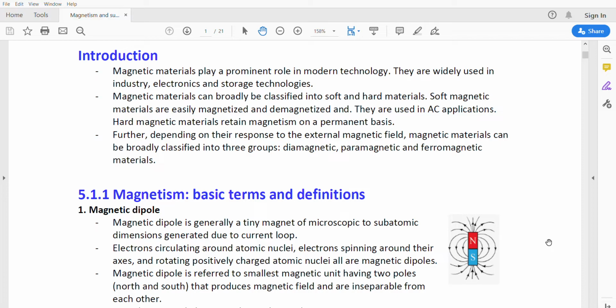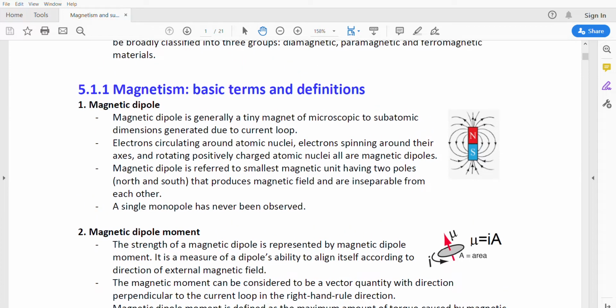Means if a material is carrying a current and a magnetic field is developed around it, two poles exist, that is north pole and south pole. The two poles which are present are called the dipole, having a north pole and a south pole, which produces the magnetic field around it.